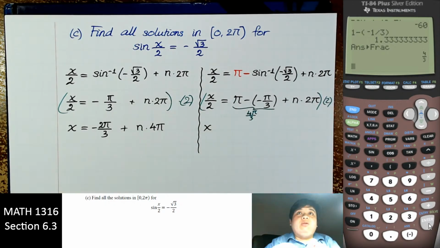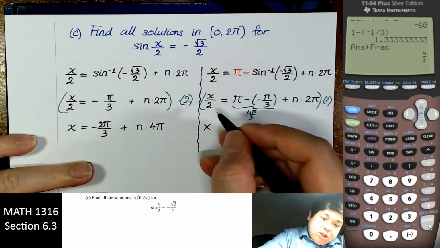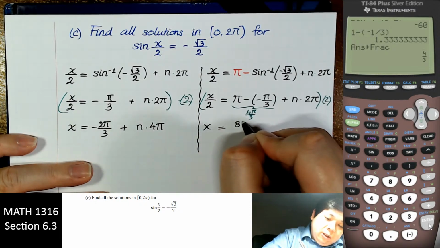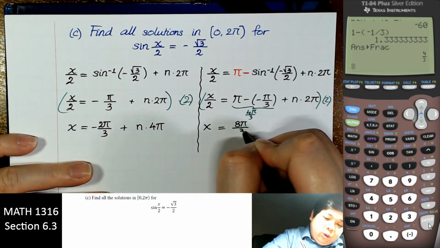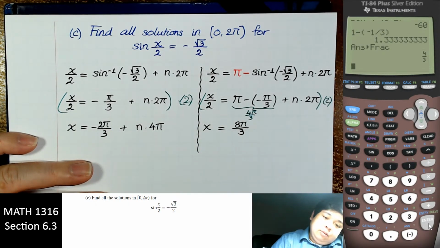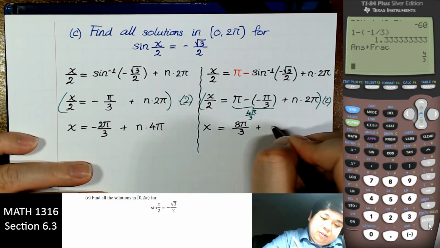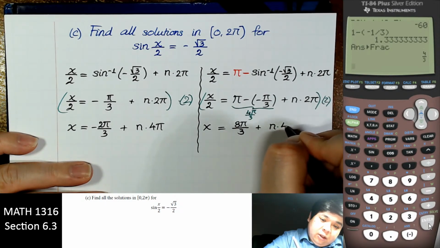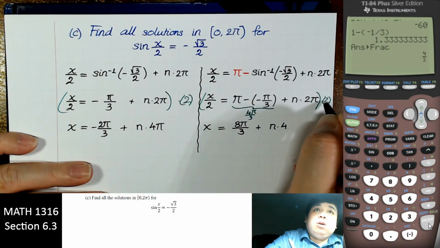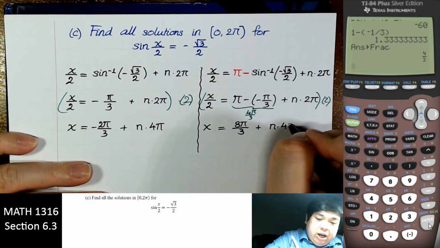So that is 4 pi over 3 and then times 2 should be 8 pi over 3 plus n times 2 pi times 2, so n times 4 pi.